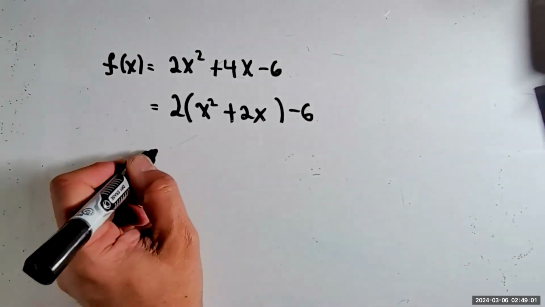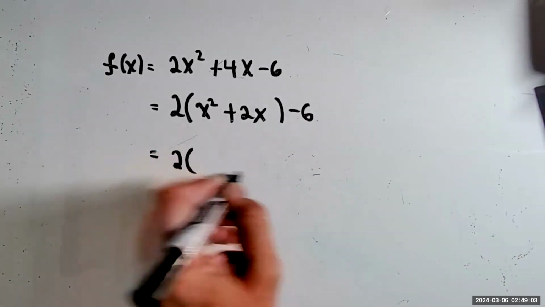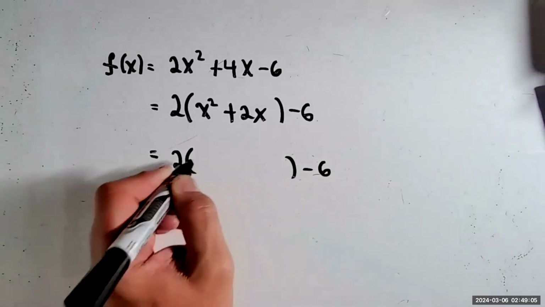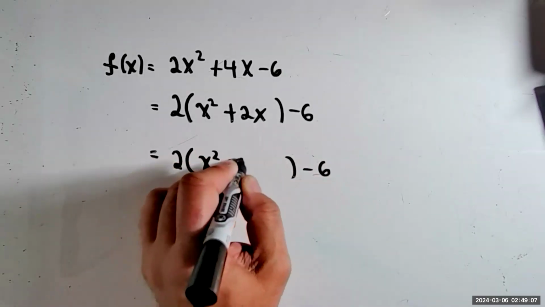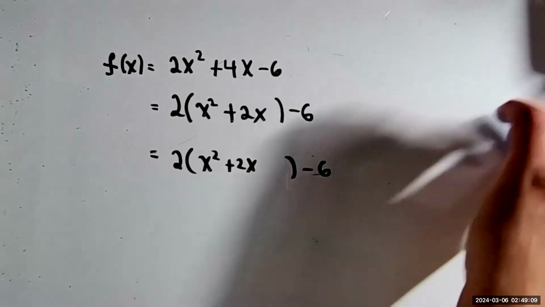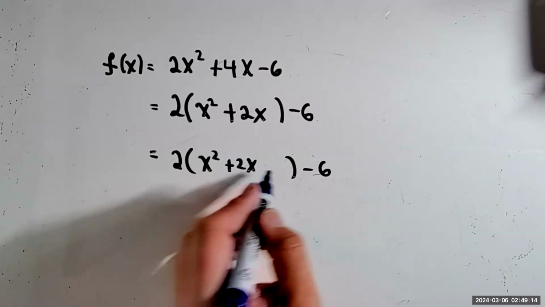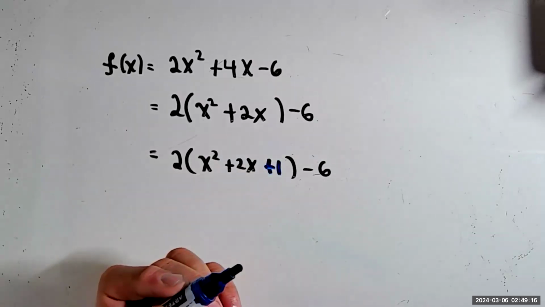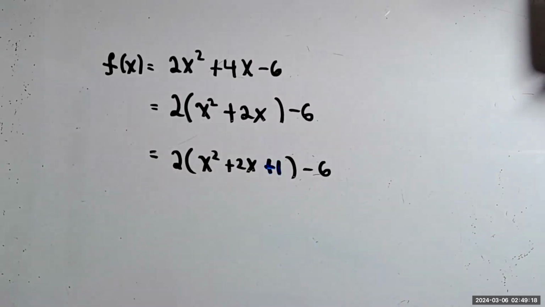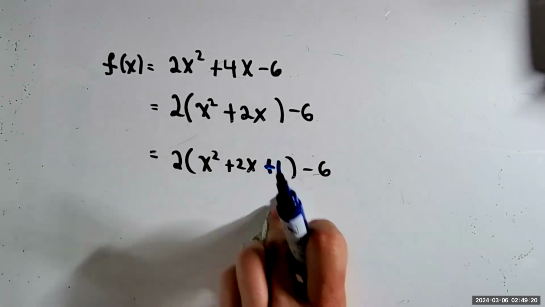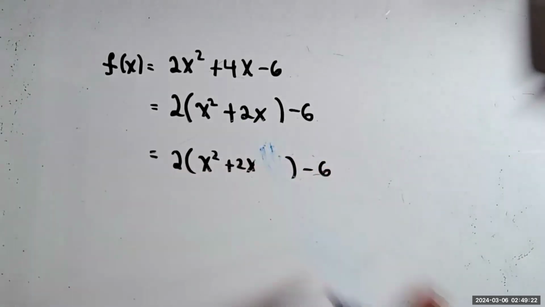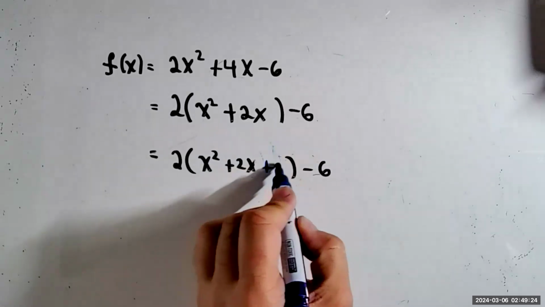Okay, so now we can complete the square. So I have 2 parentheses, minus 6, x squared plus 2x. What is my magic number? Half of b squared: half of 2 is 1, 1 squared, plus 1. So I need to adjust. If I add 1, I need to have a 0 net.